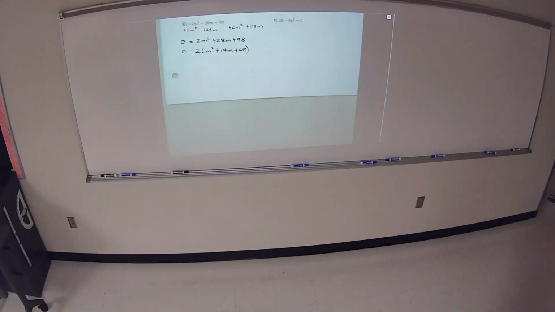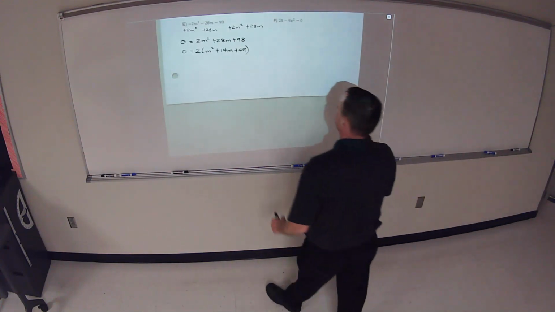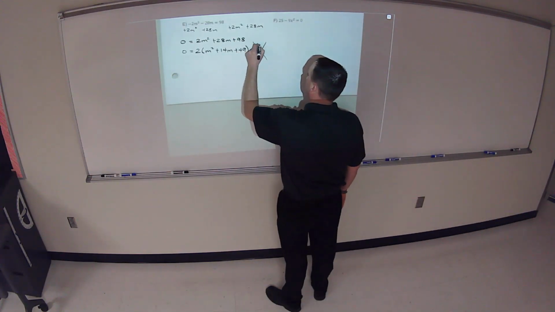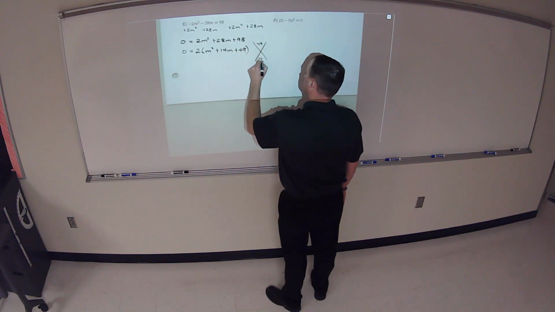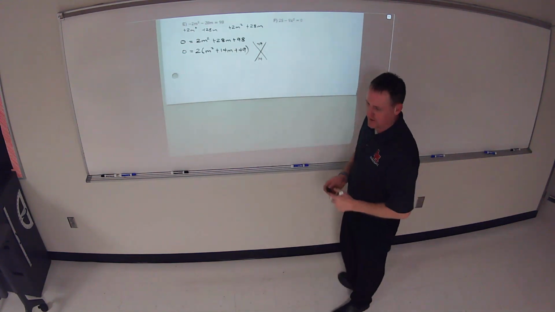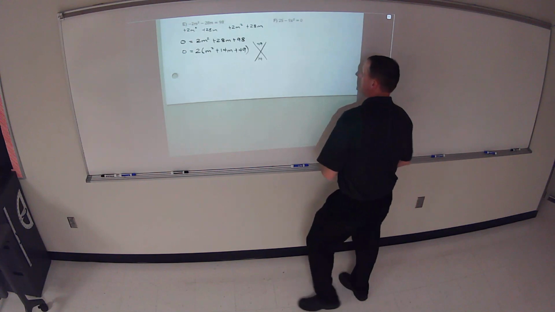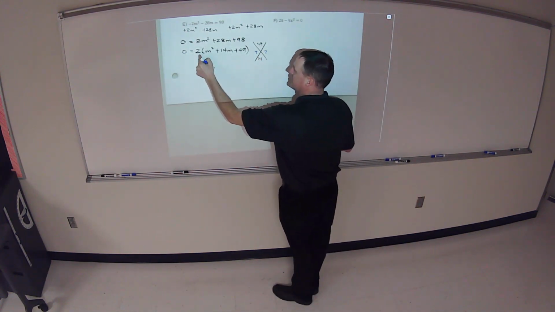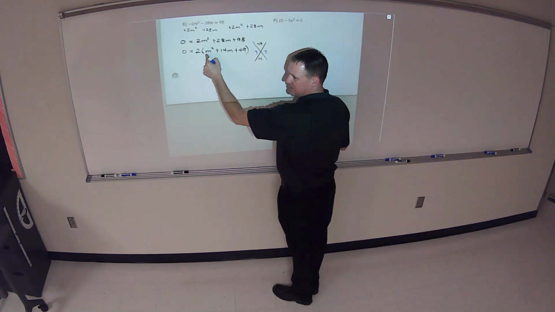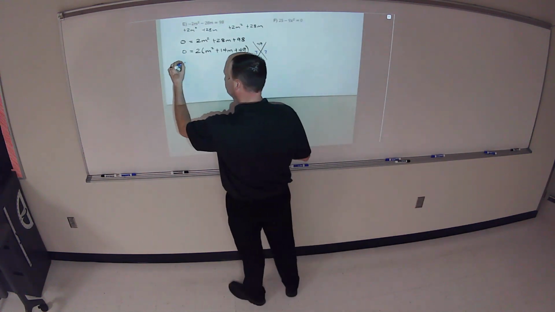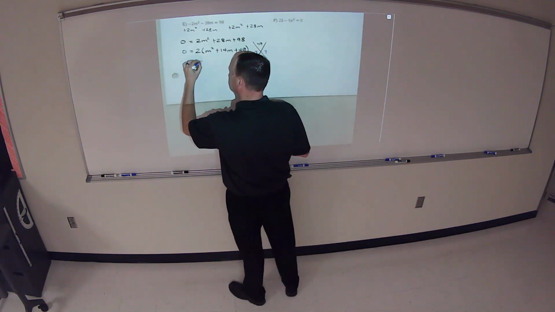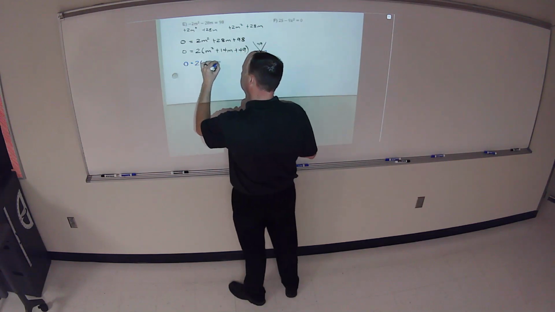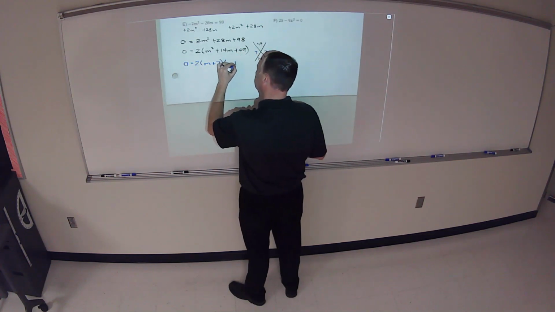Factor using the magic X. A times C is going to be what? 49. B is 14. Two numbers that multiply to give us 49 and add to give us 14 are 7 and 7. Now, luckily by factoring out the greatest common factor, we have an A value that's now 1. 0 equals 2 times m plus 7 times m plus 7.